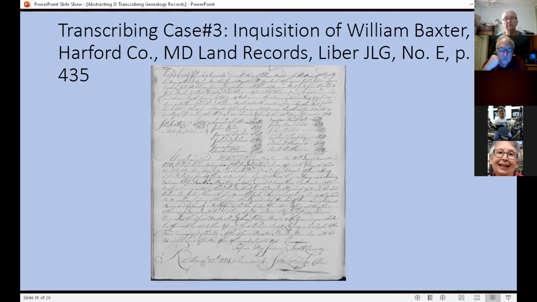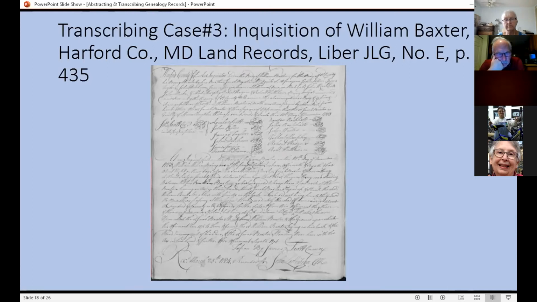And this was the inquest where it lists his cause of death. It lists the time frame of when he was killed. Sometimes some of these actually have the actual day, as well as who served as the coroner, as well as the people that served on the inquest. So a lot of this is beneficial, and these were recorded. This was actually recorded in the land records.